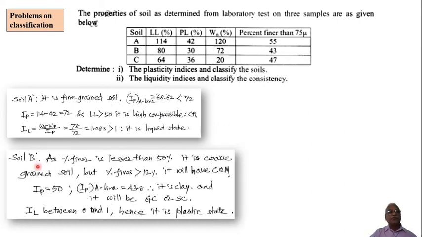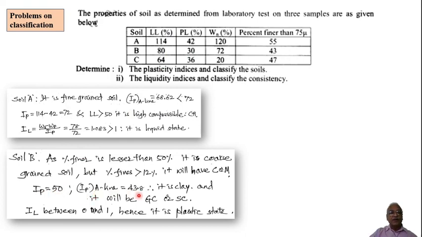Soil B: percentage finer than 75 microns is less than 50, it is 43, that's why it is coarse grained soil. But the percentage of fines is 43, more than 12%, so it will have clay or silt with it. IP, if we calculate, is 80 minus 30, equal to 50.